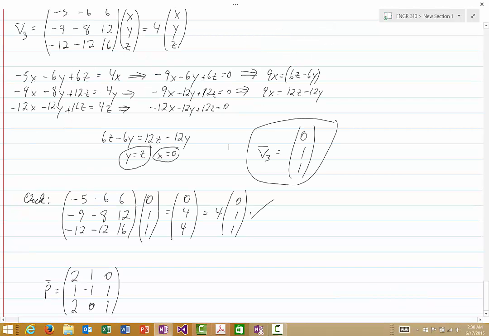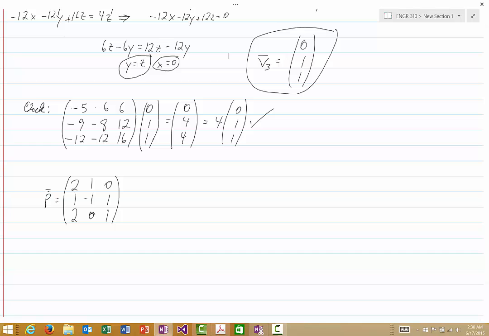If you use the Gauss-Jordan method to find P inverse, you will find that P inverse is given by the following: 1, 1, negative 1, negative 1, negative 2, 2, negative 2, negative 2, 3.